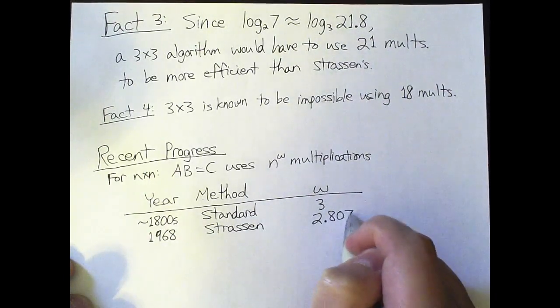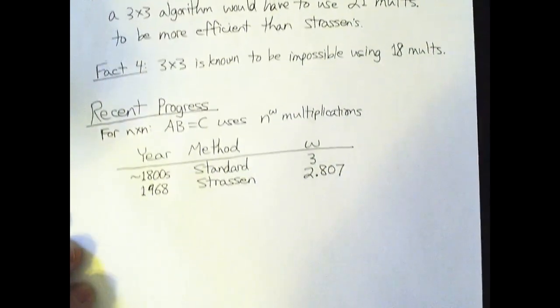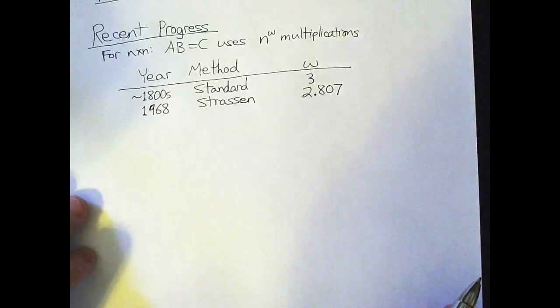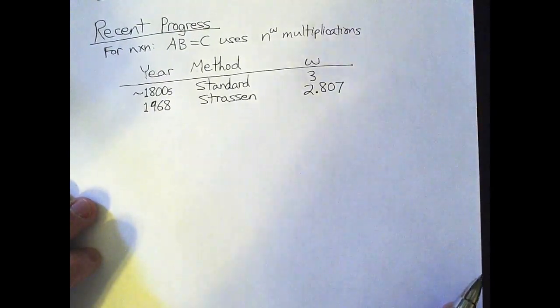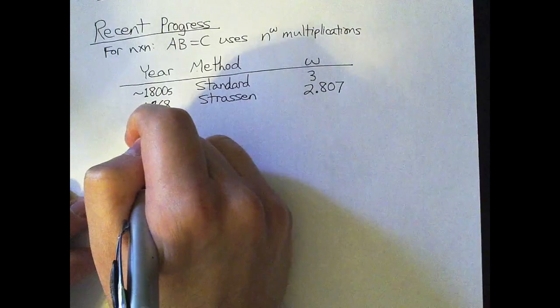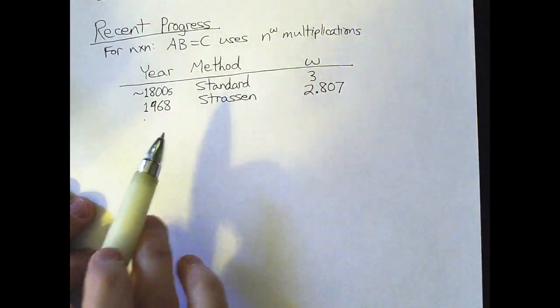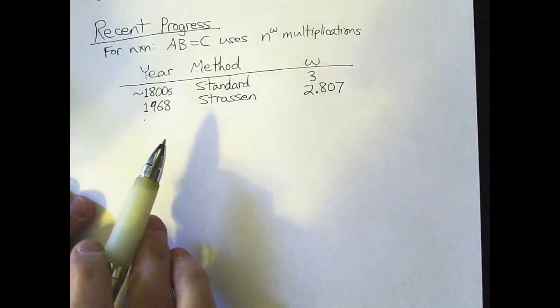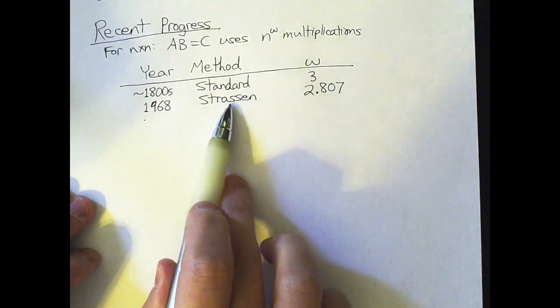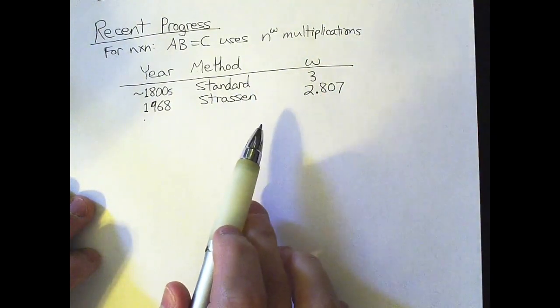That's not long ago at all. Strawson's method, omega 2.807. I told you about Lauterman's algorithm from 1975, but I'm going to skip that because it wasn't better than Strawson's. All right?